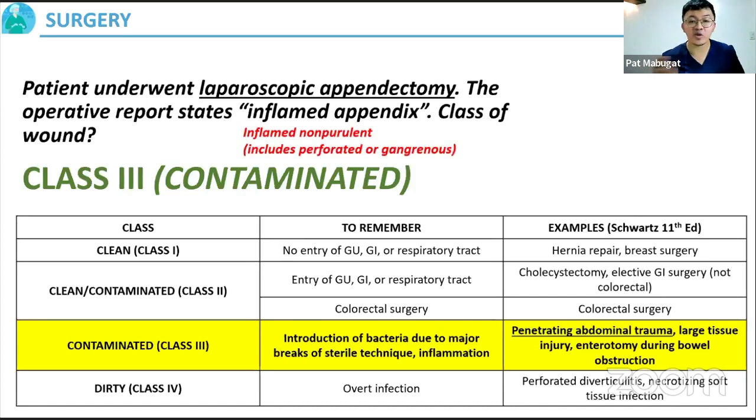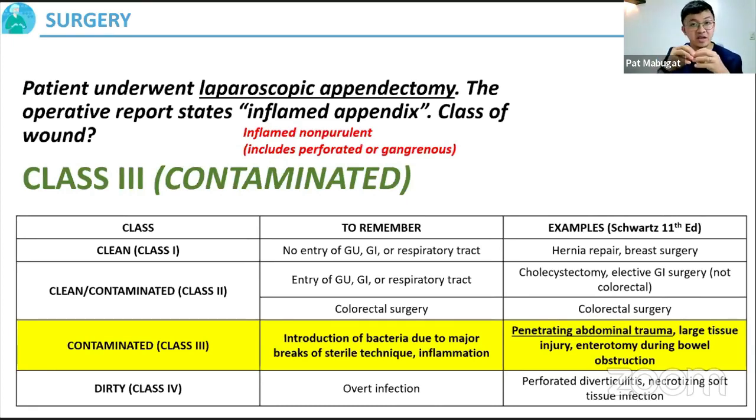So inflamed appendix, according to Schwartz, also includes perforated or gangrenous. Why? Because Schwartz considers only periappendiceal abscess or those with generalized peritonitis to be dirty. So for an appendix that has just ruptured or is just gangrenous by itself and you remove it, that's still class 3 contaminated.